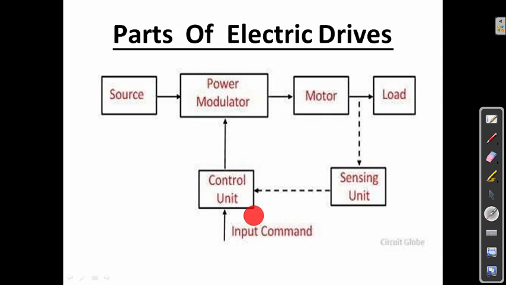Likewise, we give the input command to the control unit. Then again it goes to the power modulator, then to the motor and the load. This is the simple block diagram of the parts of electric drives. These are all the parts included in electric drives.